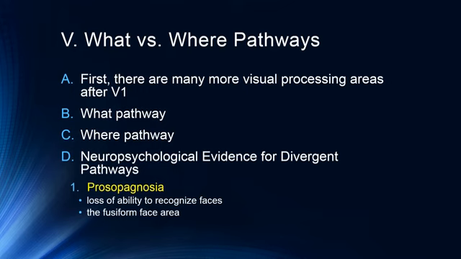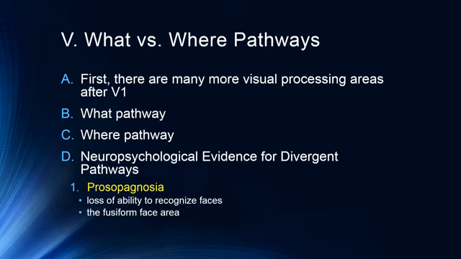So, a very quick summary of some of the neuropsychological evidence for these divergent pathways. We could do an entire semester on this topic alone. But some evidence for these divergent pathways are things like prosopagnosia. People with prosopagnosia lose their ability to recognize faces. There's a part of the brain known as the fusiform face area.